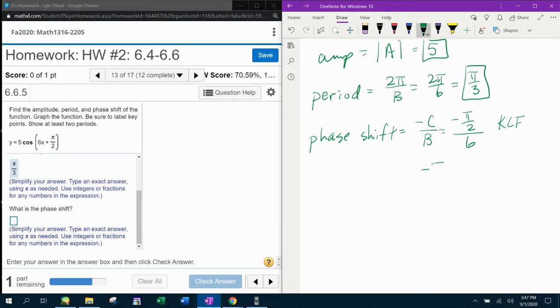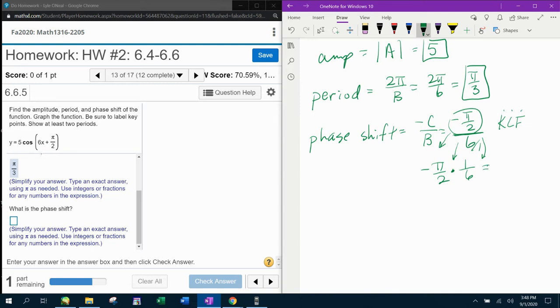So here we have negative pi over 2. We're going to change division to multiplication. And we're going to take 6, which is understood to be 6 over 1, and we're going to flip it, okay? So KCF stands for keep, change, flip. Keep the top, change to multiplication, and flip the bottom.